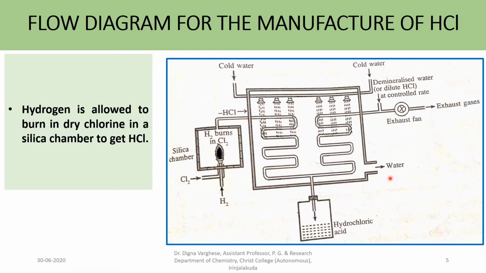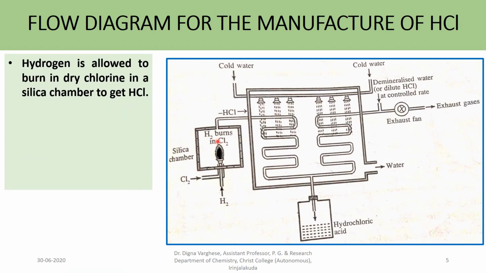Hydrogen is allowed to burn in dry chlorine in a silica chamber to get hydrogen chloride gas. In this silica chamber, hydrogen burns in chlorine and we get hydrogen chloride gas here.